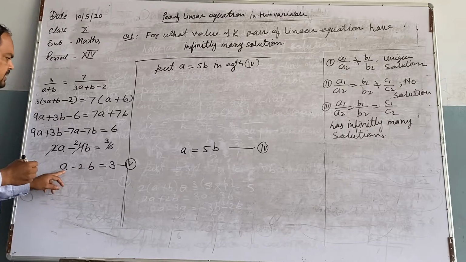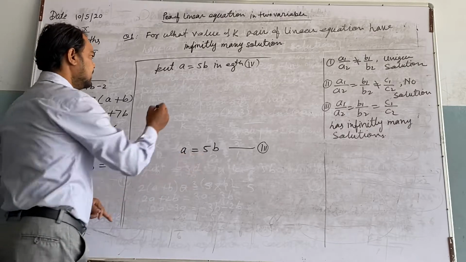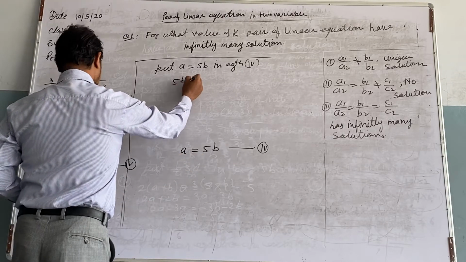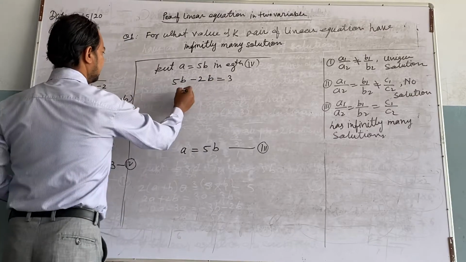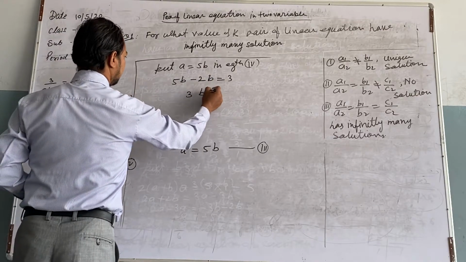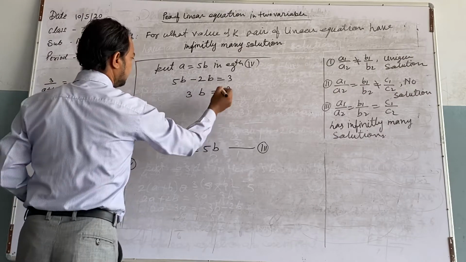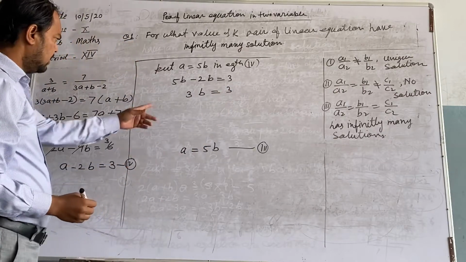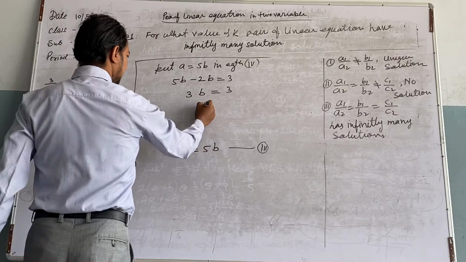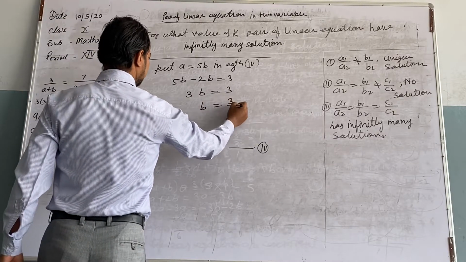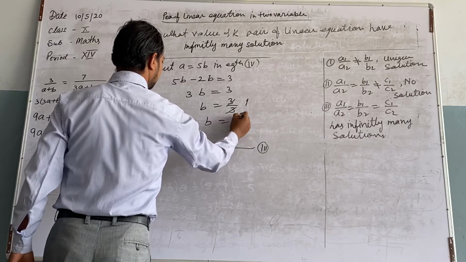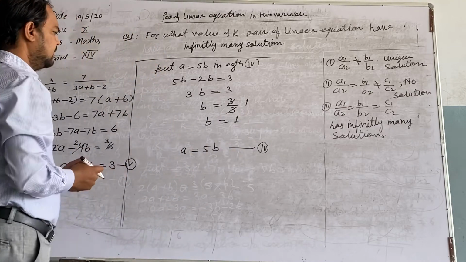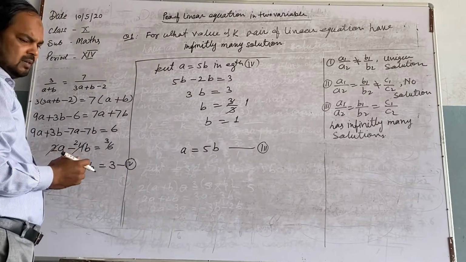To put in the place of a, 5b, you will get 5b minus 2b equal to 3. This will give you 3b equal to 3. Now b equal to, by cross multiplication you can write here 3 upon 3, that is 1. So b equal to 1. In this way you find that b equal to 1, right?